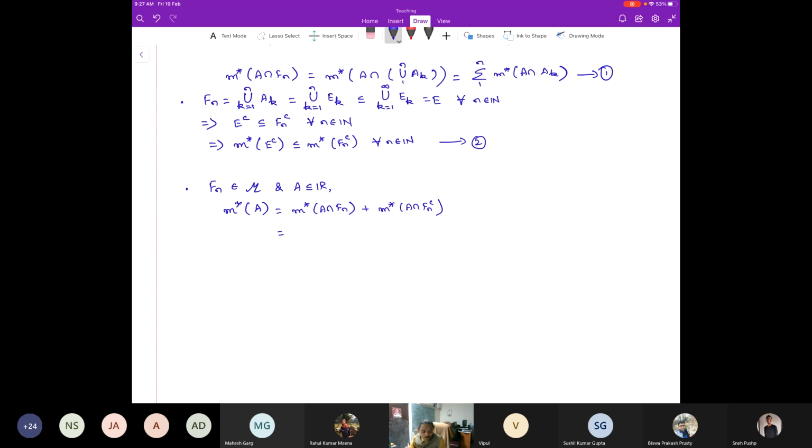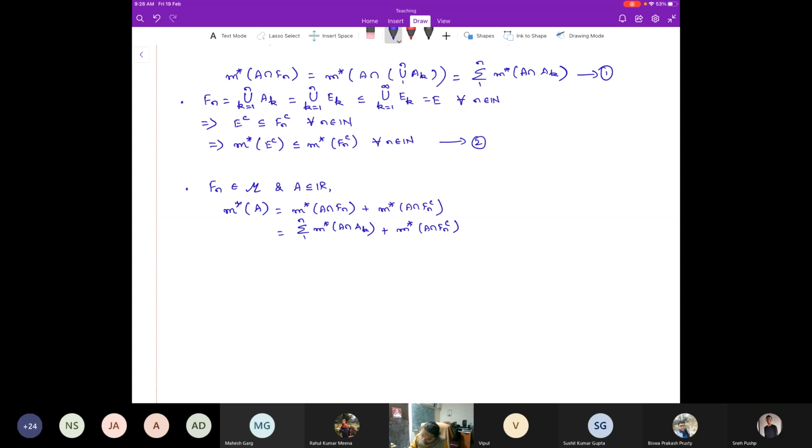Now M star of A intersection with Fn is the same as the summation 1 to n of M star of A intersection with AK, plus the other part, M star of A intersection with Fn complement. This is what I have for the time being.